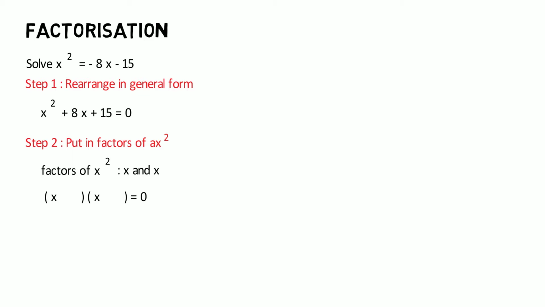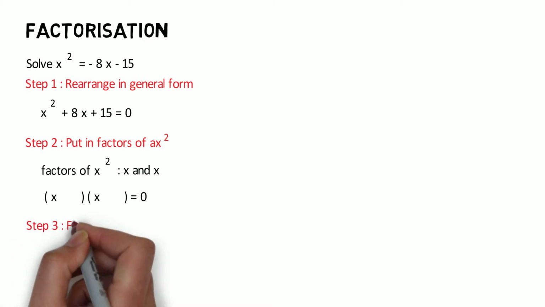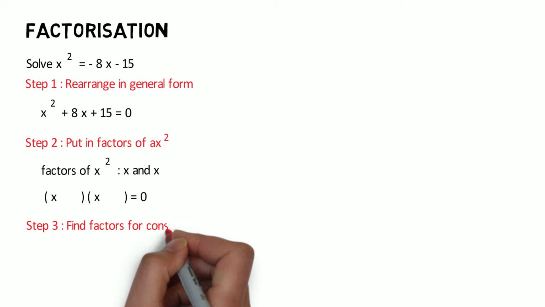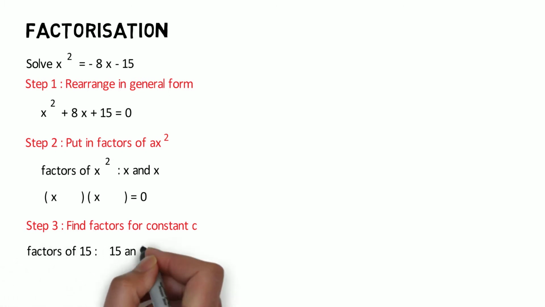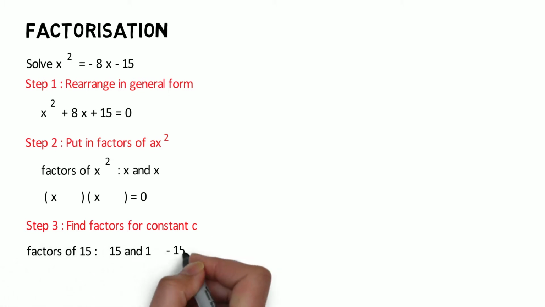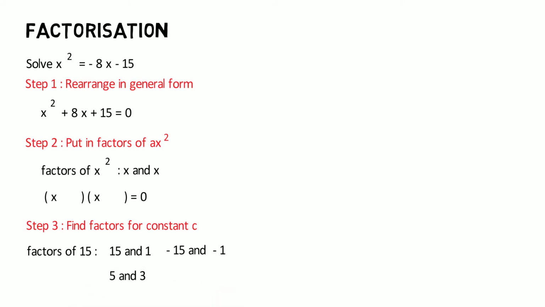So let's just leave that as it is and go on to the third step, which is to find the factors for the constant c. So in this case, our constant c is 15. So the possible factors are 15 and 1, -15 and -1, 5 and 3, and -5 and -3.